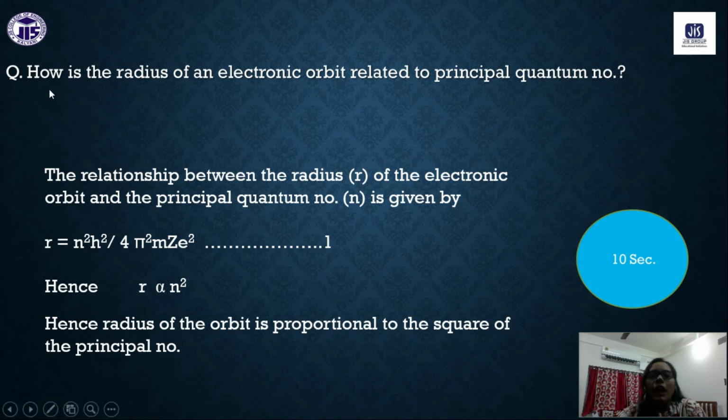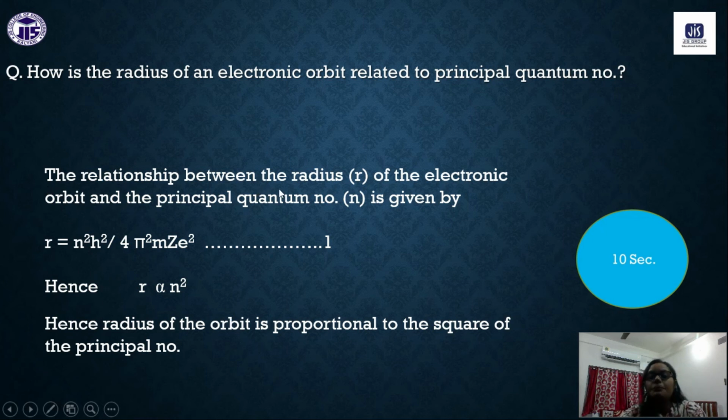So how is the radius of an electronic orbit related to the principal quantum number? The answer is given here.